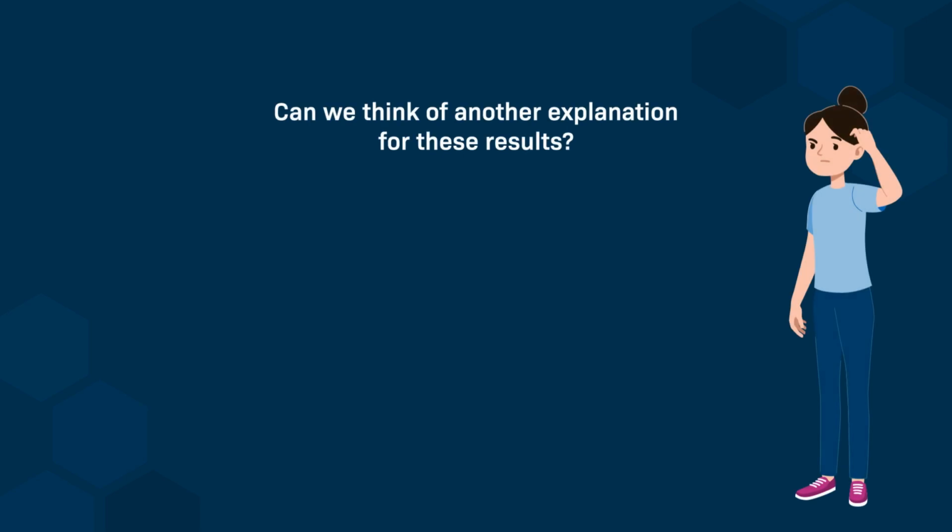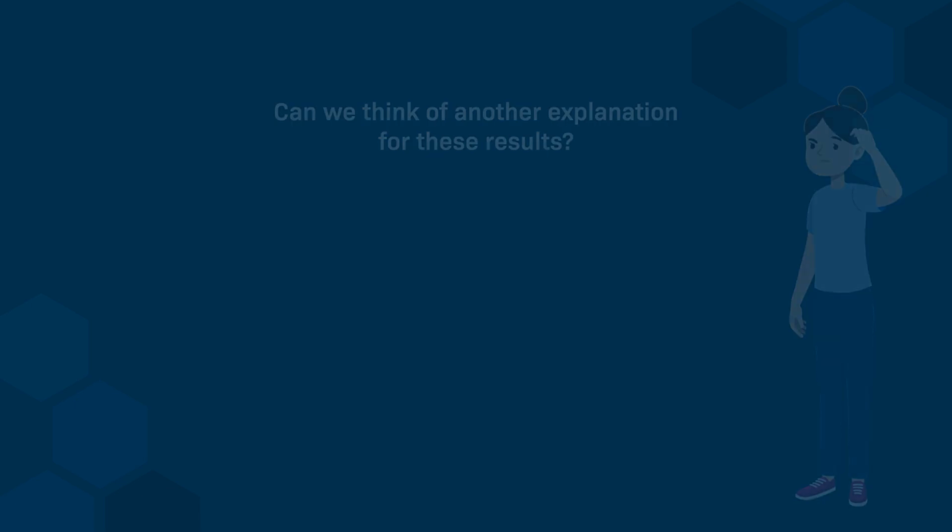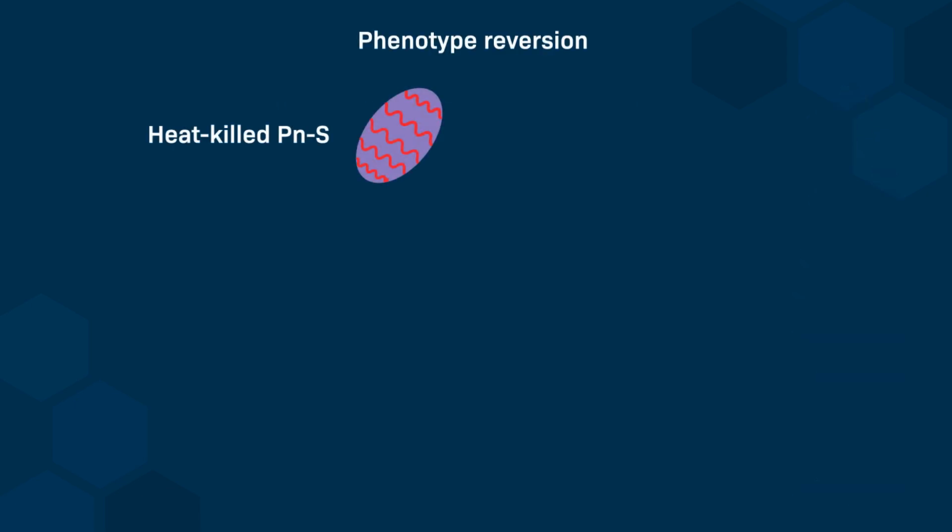Griffith considered the possibility that the newly found pathogenicity of PNR could be due to the reversion of the PNR to the PNS phenotype. To test this theory, heat-killed pathogenic PNS and live non-pathogenic PNR were grown separately on solid media.